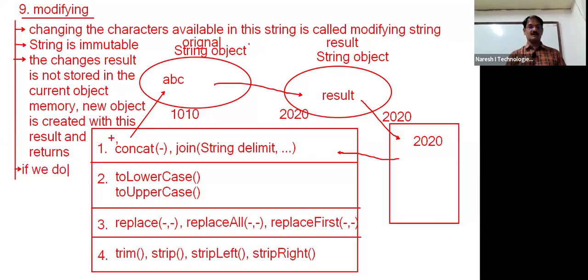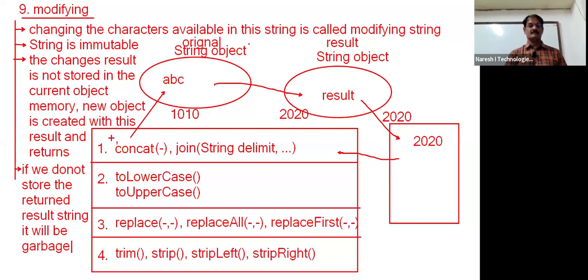If we do not store the returned result string, it will go to the garbage collector. So these are very, very important points. Clear? Right.